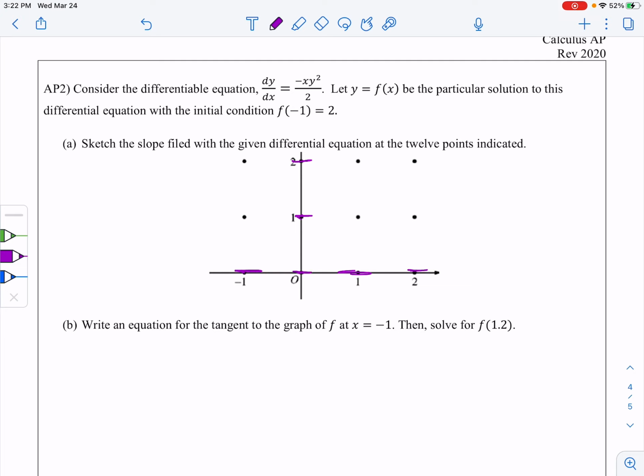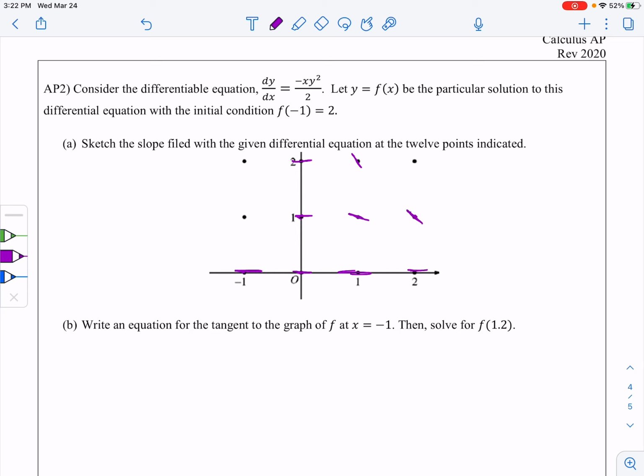If you have 1 and 1, it's negative 1/2, so that's kind of laying down. If it's 1 and 2, that's negative 4 over 2, which is negative 2, which is a little steeper. And here I have got 2, so it's negative 2 times 1. So negative 2 over 2 is negative 1.